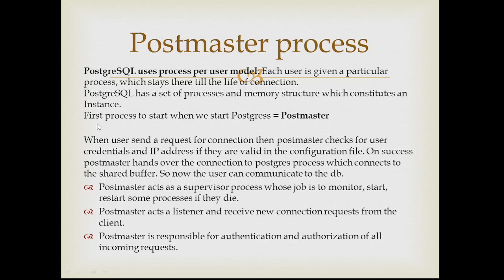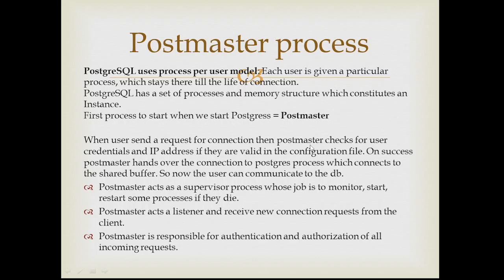When we start Postgres on our system, the first process that starts is Postmaster. The Postmaster process is the first process, and then it invokes other processes. When a user sends a request for connection, Postmaster checks whether the user credentials and IP address are valid in the configuration file.